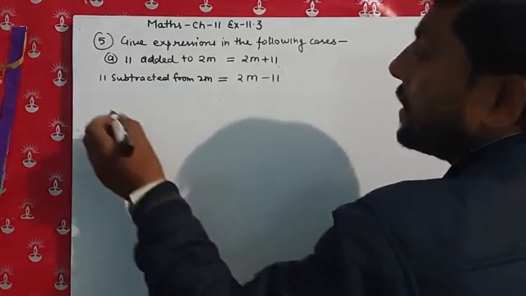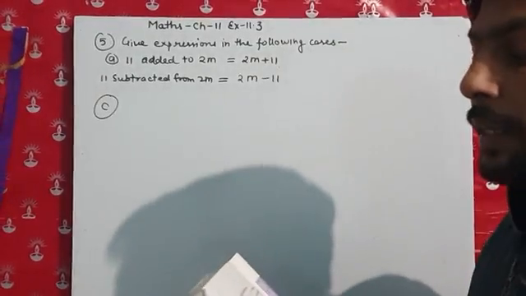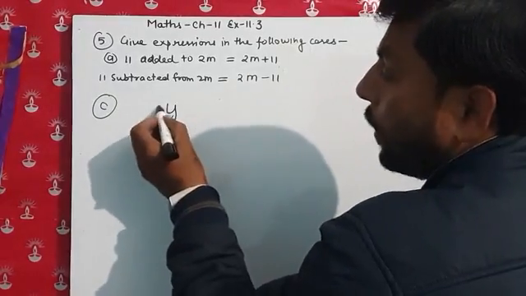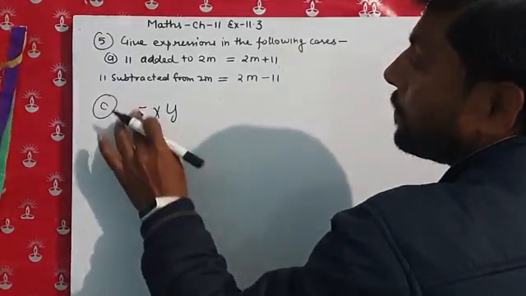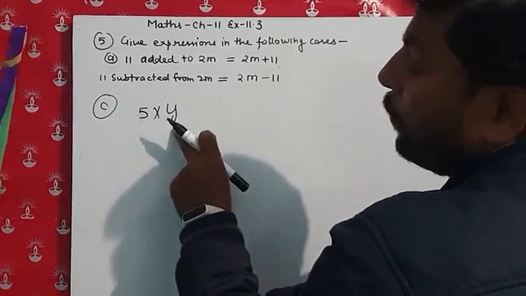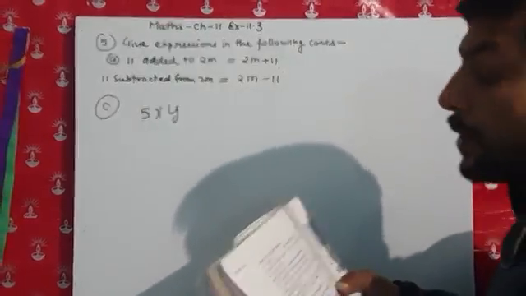In the C part, the question is saying 5 times y to which 3 is added. So what we have to do? 5 times y, and here the question is saying to which 3 is added.